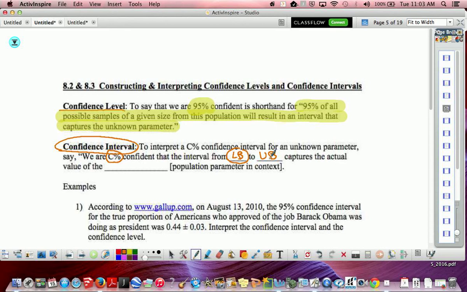Down below here we have some examples that will show you how we go about interpreting the confidence interval and the confidence level.